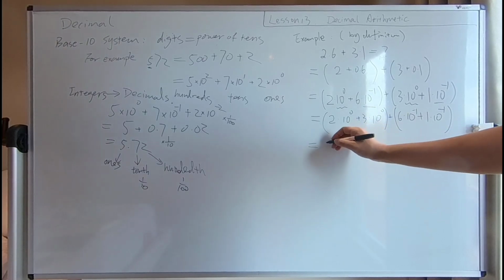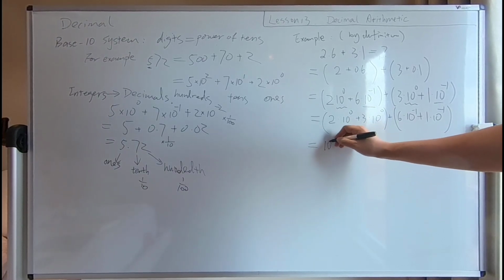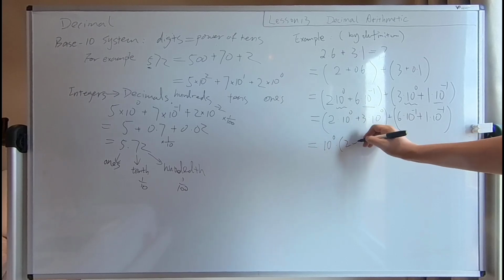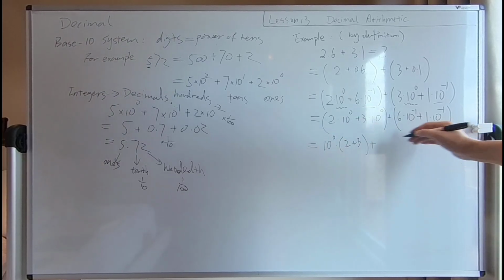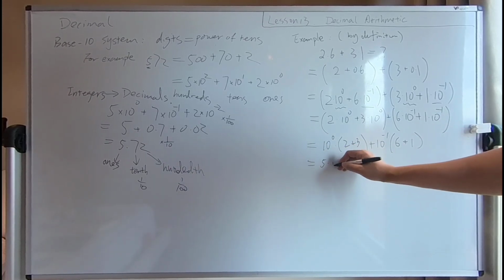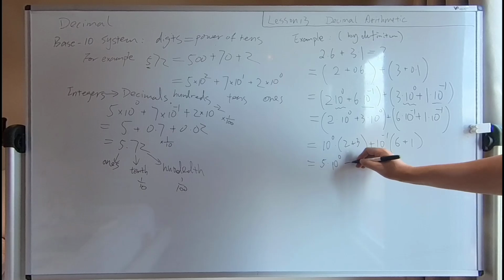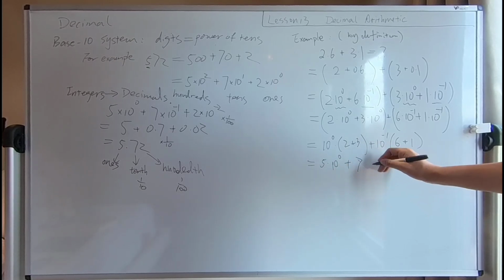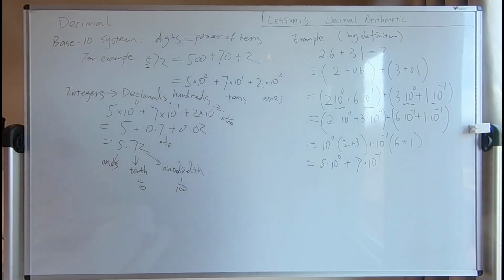Then we group the first two terms. The common factor is 10 to the power of 0, so I have 2 plus 3. Similarly, for the common factor 10 to the power of minus 1, I have 6 plus 1. So I have 5 times 10 to the power of 0 plus 7 times 10 to the power of minus 1.